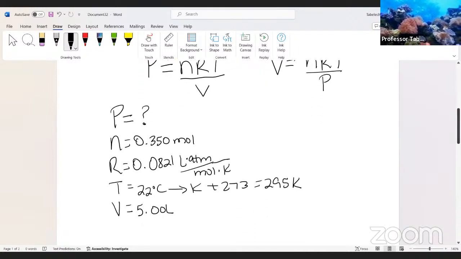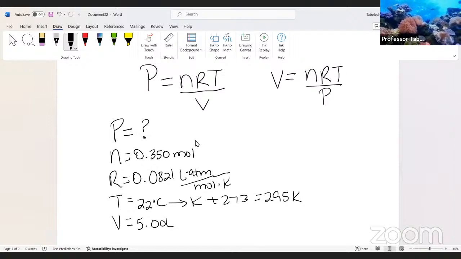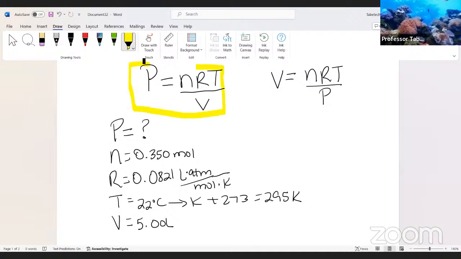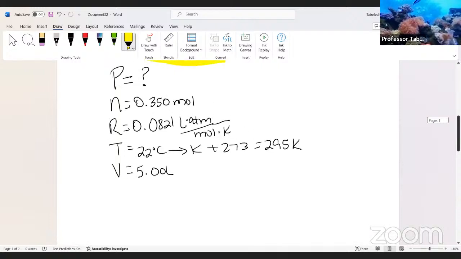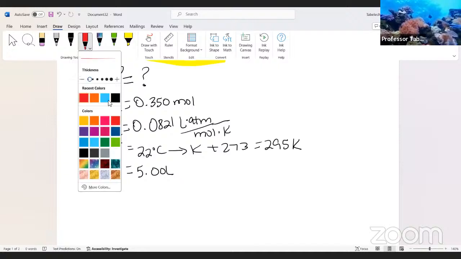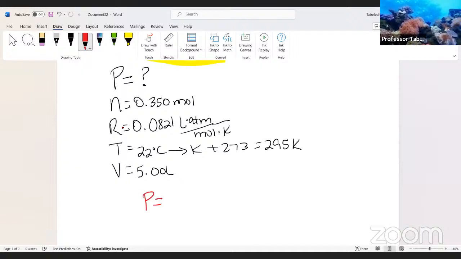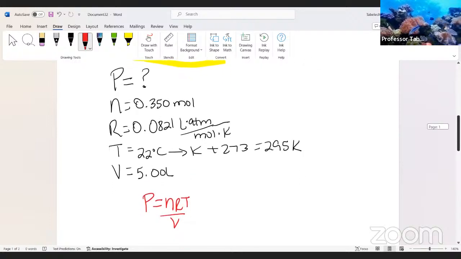Now, because we're looking for pressure, I'm going to plug all of that in, using those values into this formula right here: P equals n times R times T over V. So let me pull that down here, and I'm going to use this space to plug all that in. So P equals nRT over V, and I'm going to plug the numbers in accordingly.